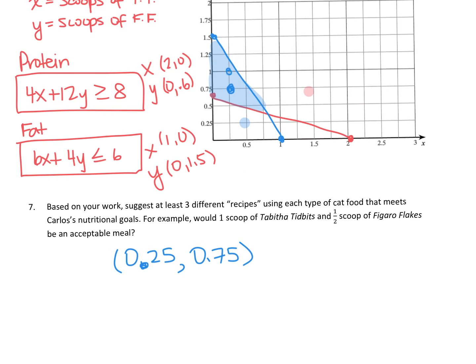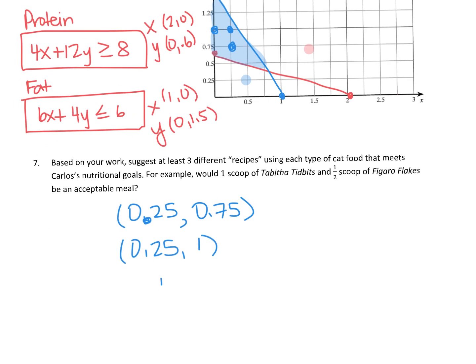Or I could do this one here, 0.25 and 1. Or how about this one right here, 0 and 1? That also works. Let's do our takeaways, and then we'll be at the end of this activity.